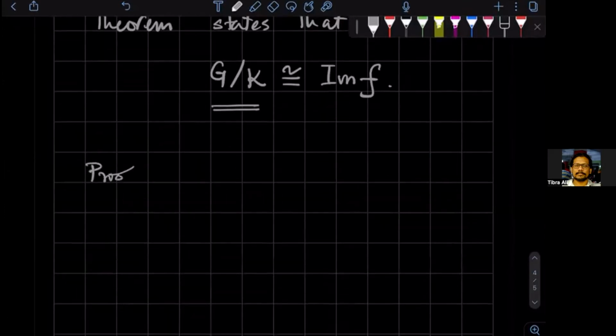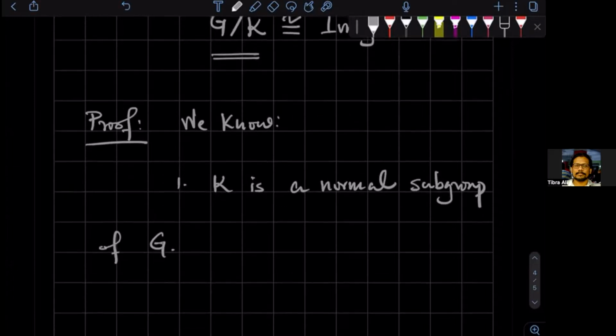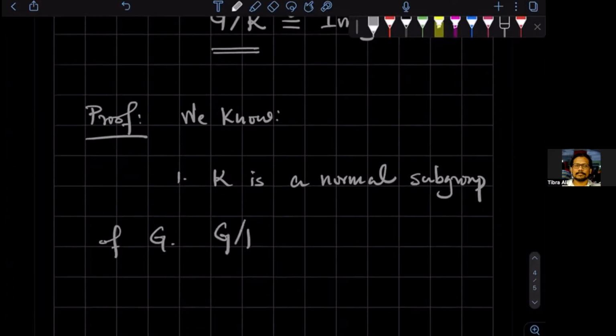Okay, so proof. What do we know? We know, number one, that K is a normal subgroup of G. Therefore, G over K is a quotient group, right?